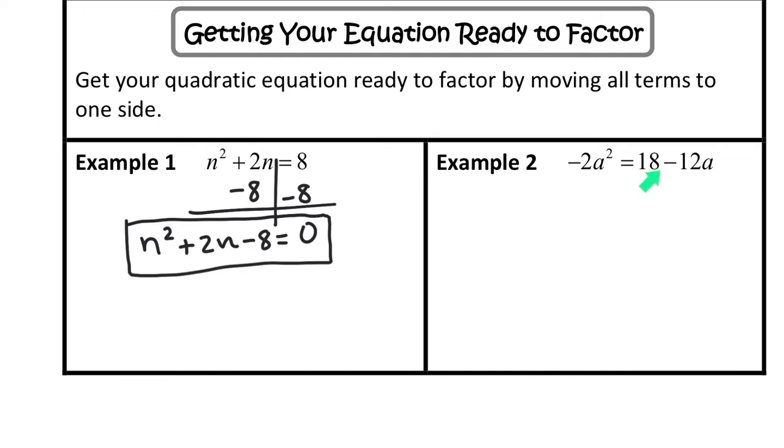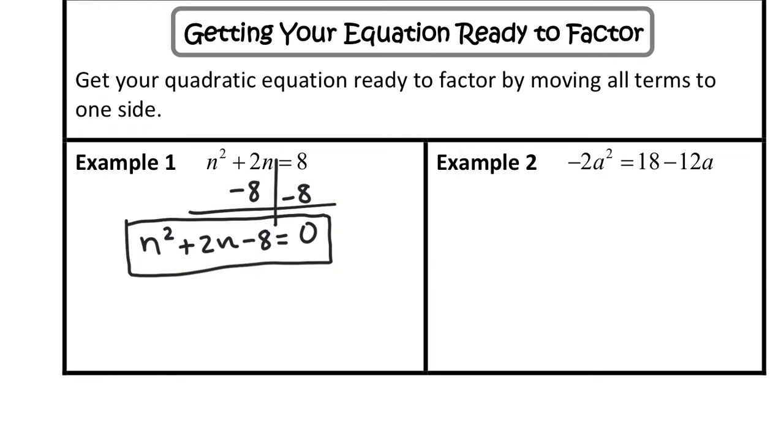I would say it would be more work to move 2 items to the left, so it should be easier just to move 1 item to the right. So let's move the negative 2a squared to the right.